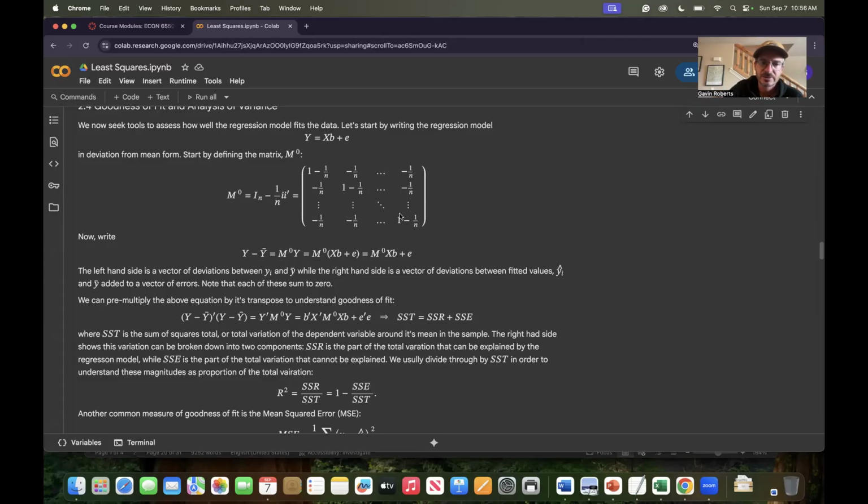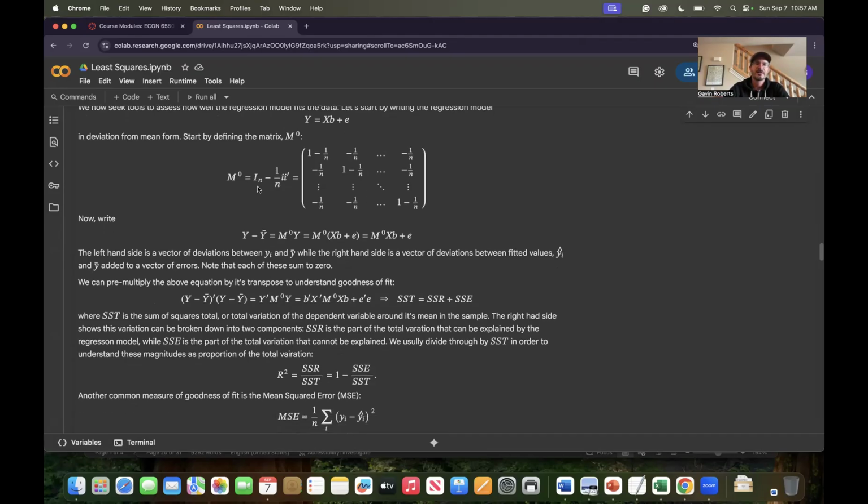Before we can do that, we're going to define a useful matrix that we're going to call M naught. The first thing I want to say is that this matrix is defined for arbitrary n. So this matrix is well defined for any data set of size n. It is not particular in any way to our particular data set that we're thinking about right now.